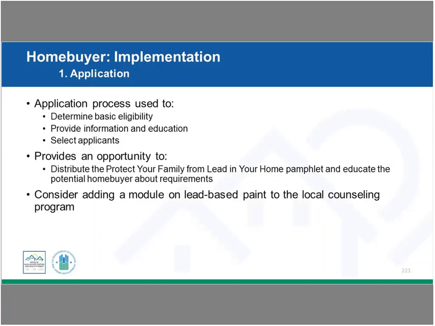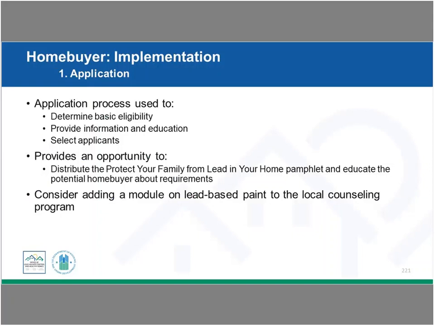So at the application, we're going to be collecting income information, determining whether this is a household that we're able to assist. This would really be where we start that education process, so we would be providing the Protect Your Home from Lead pamphlet.